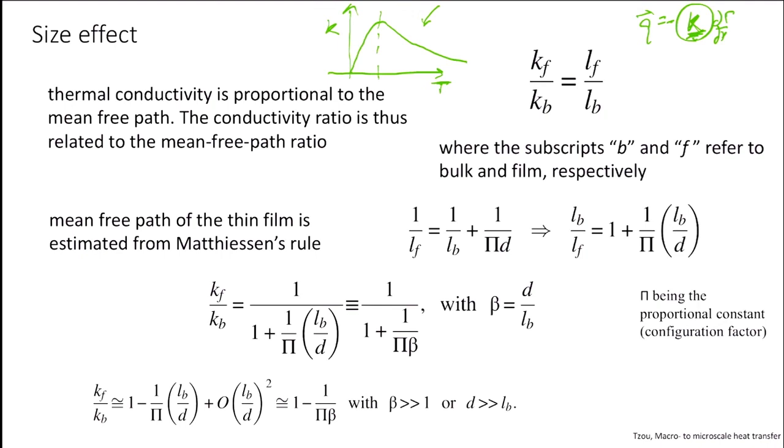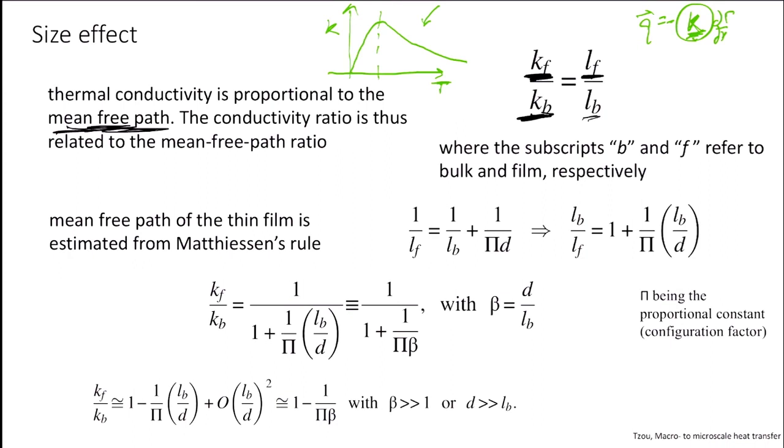Thermal conductivity is proportional to the mean free path, how far the atoms could travel before scattering. So K bulk and K thin film are proportional to the mean free path of the thin film, the length and the LB. So it's the ratio of the mean free paths of the two.